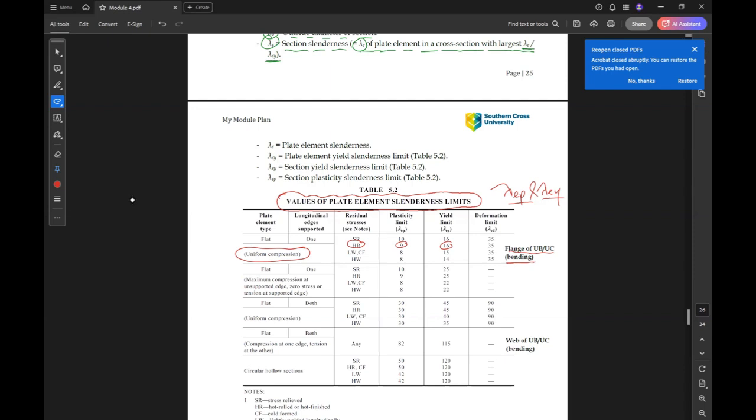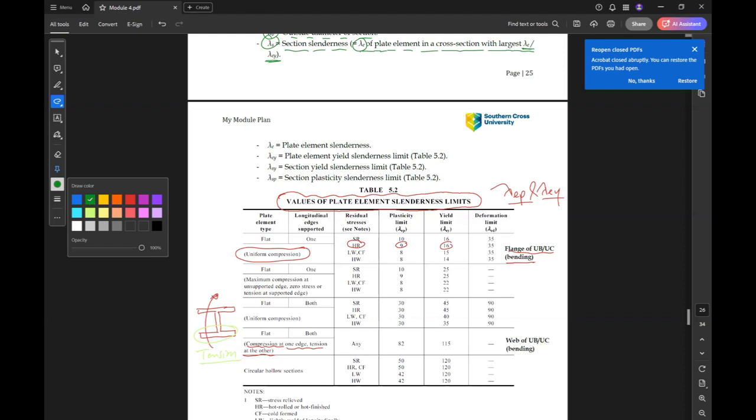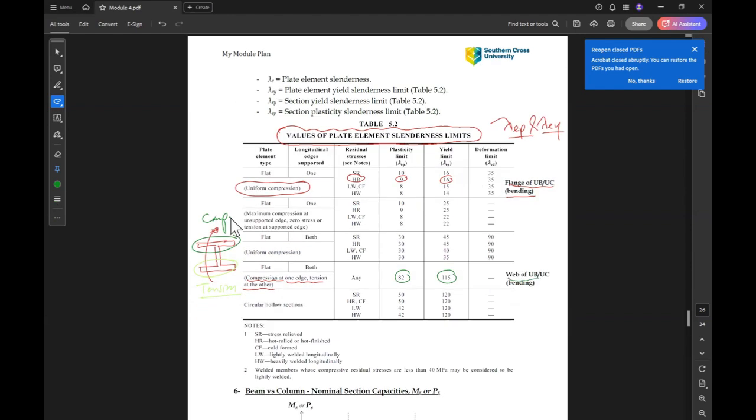For the web, we have compression at one edge and tension at the other edge, because for webs in a bending member, the bottom may be under tension and the top part under compression. So lambda EP is 82 and lambda E yield is 115. Okay, so these are the values needed for the web of a UB or UC section in bending.